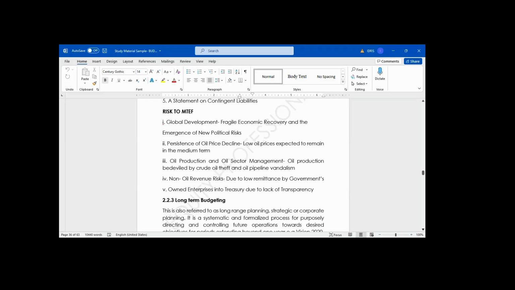A drop or crash in the price of crude oil. Once crude oil crashes, government will not generate revenue or royalty on crude oil, and so on. Another one is non-oil revenue risk. What are the non-oil revenue risks we have? Like delay in remittance by government.